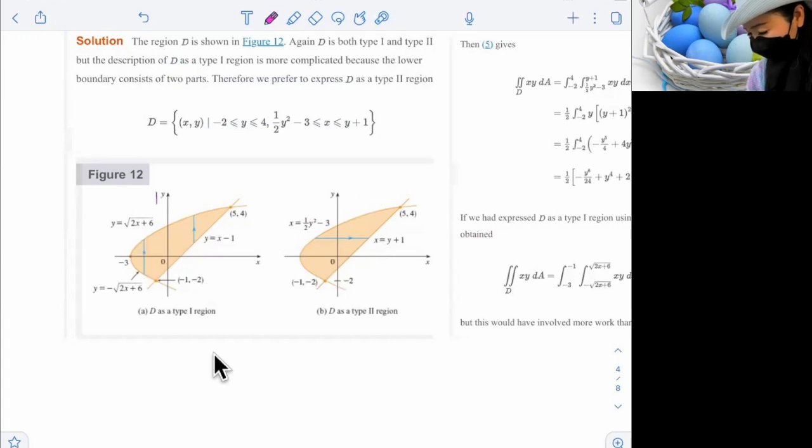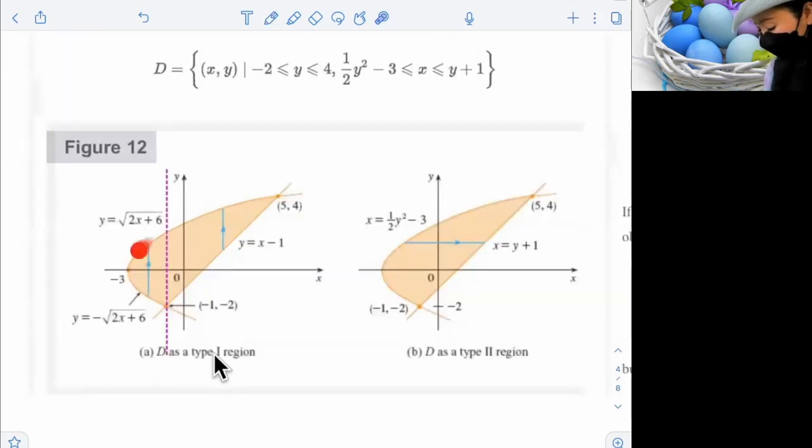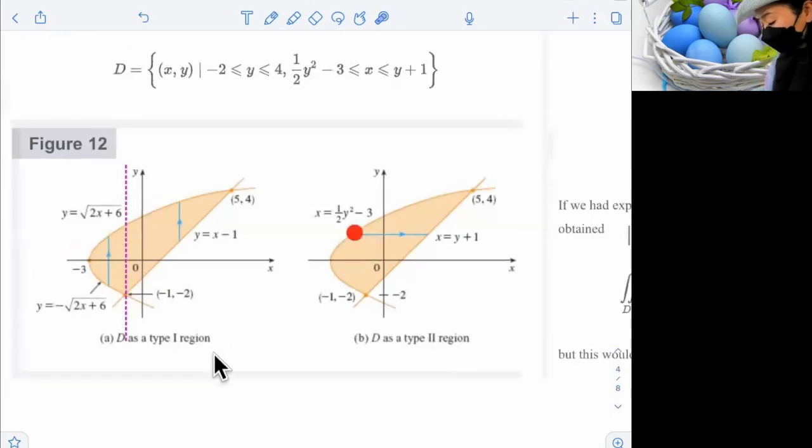Let me see. Actually, over here at this region, this is above, this is below. And then over here, this is above, this is below. Then you have to consider two different cases. But if you do this as a type 2 region, on the left and on the right, this is on the left, this is on the right. Which one do you think is going to be a little bit simpler when you set up the integral?